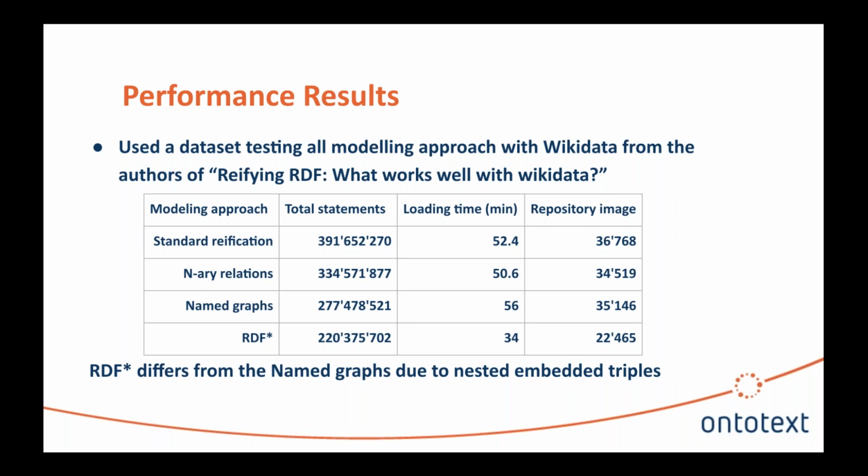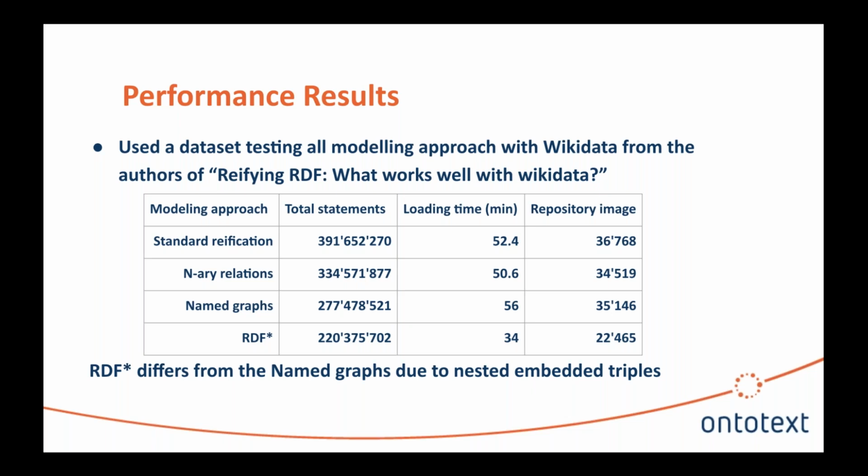So not surprisingly, this has the highest loading time and the highest repository image, although many of the URIs are repeated because you constantly have rdf:statement, rdf:subject, rdf:predicate. This is really a lot of data just to index in the plain old way.